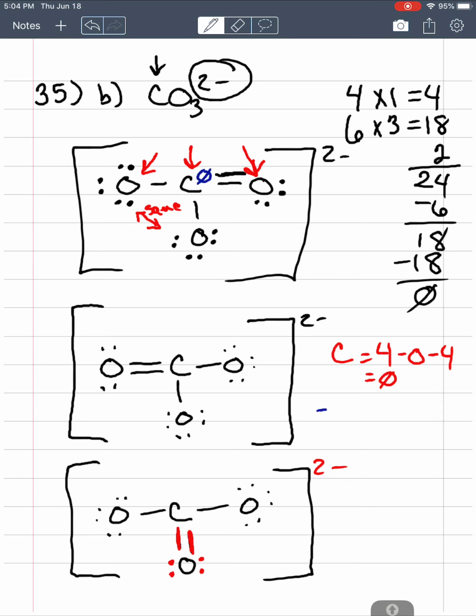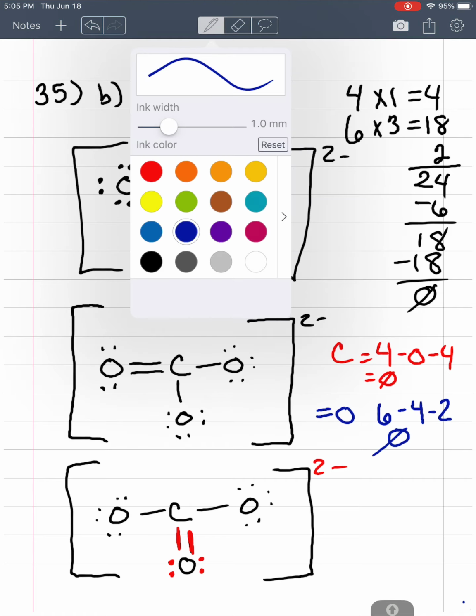Now we're going to do the double bonded oxygen. All right, so oxygen is in group 6, so it has 6 valence electrons, minus 4 lone pair electrons, minus 2 bonds. 6 minus 4 is 2. 2 minus 2 is 0. All right, so I'm going to put a 0 next to that guy. Now I'm going to do the other oxygen.